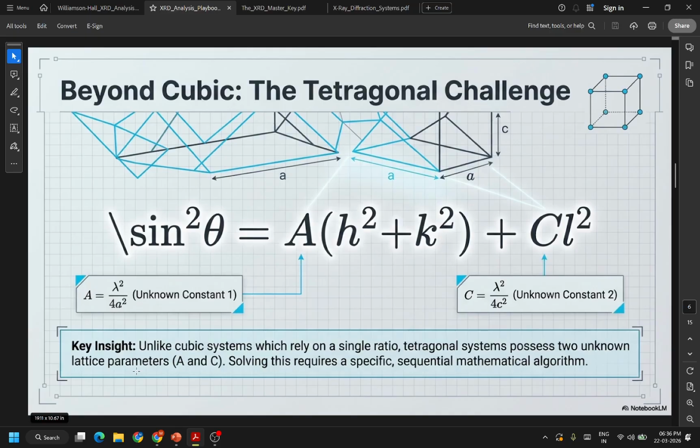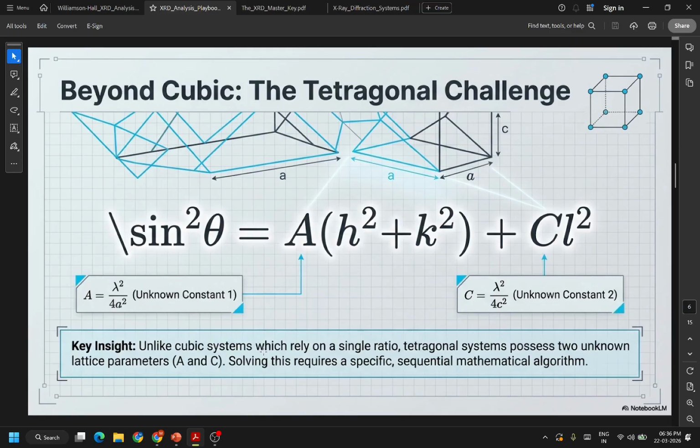Now if we consider tetragonal lattices, then your sine square theta becomes dependent on two variables, a and c. Cubic systems only have one lattice constant, a, but tetragonal systems have two lattice constants, a and c.